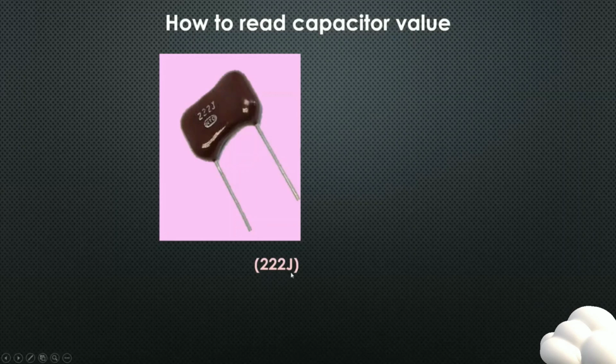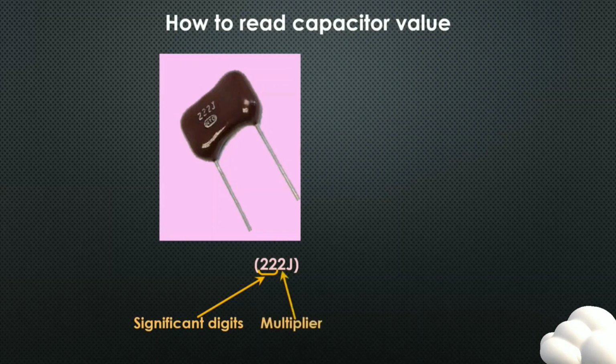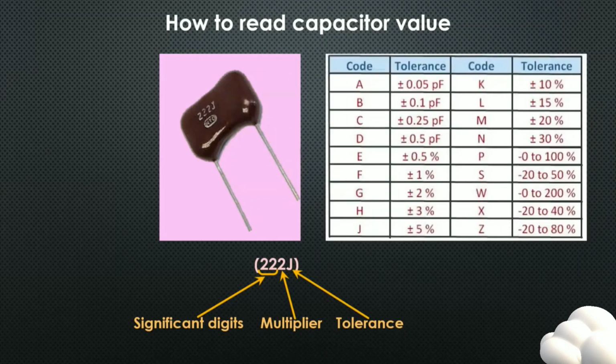There are examples where the values of capacitance will be specified in numbers as well as alphabets. As in the example which we have taken now, it has 222J. Now in 222J, the first two values are again significant digits, the third number is the multiplier, and the fourth one, the alphabet, indicates the tolerance, that means variation in the value of capacitance.